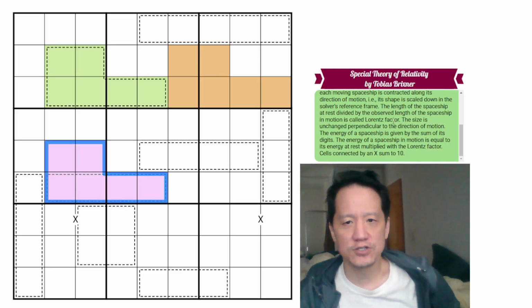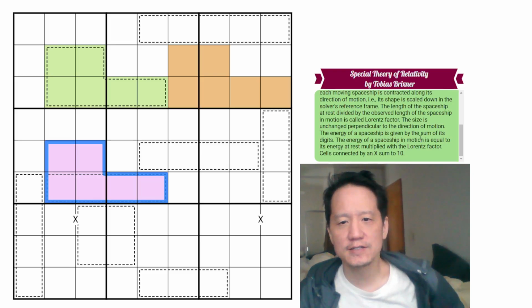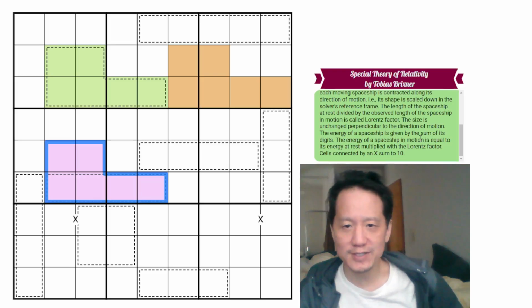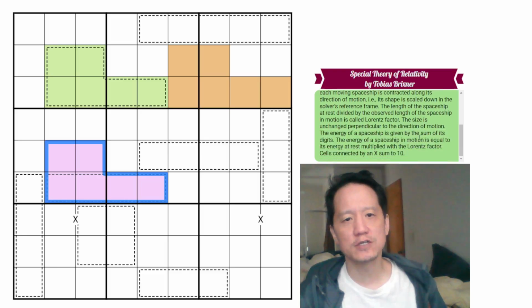That is, its shape is scaled down in the solver's reference frame. I guess because of the special theory of relativity. The length of the spaceship at rest divided by the observed length of the spaceship in motion is called Lorentz factor. The size is unchanged perpendicular to the direction of motion. So it shrinks.